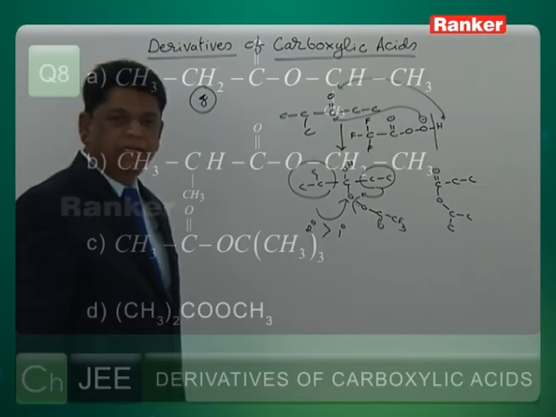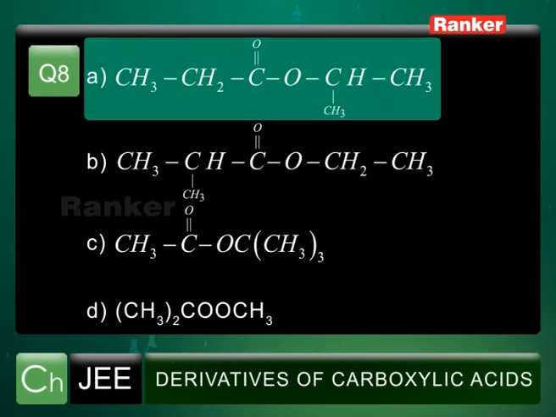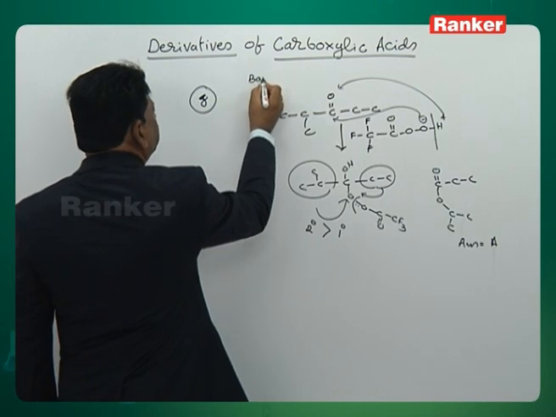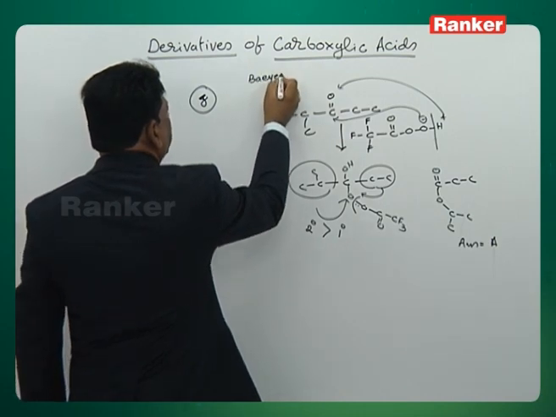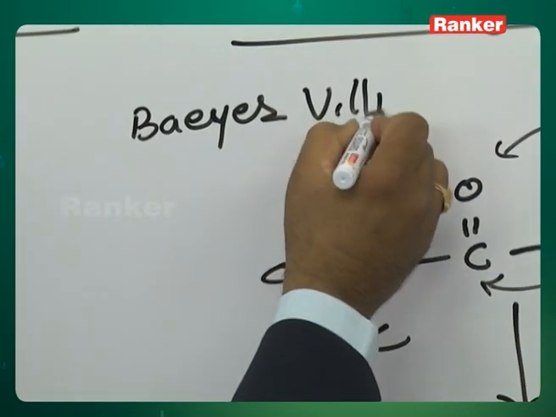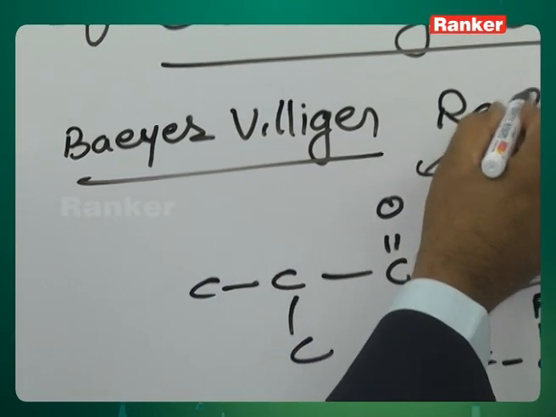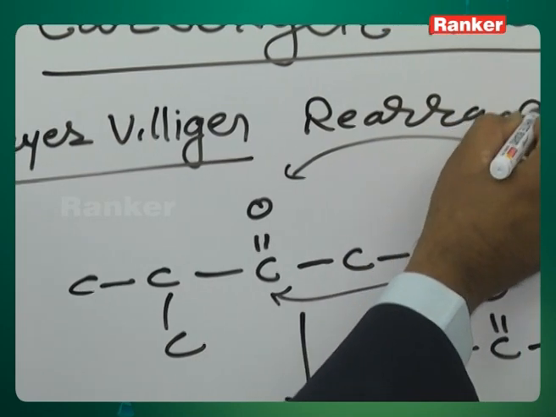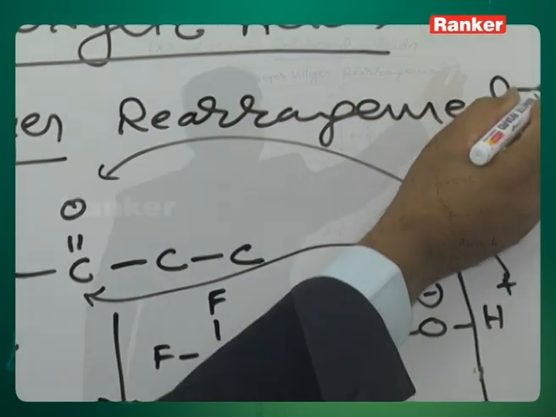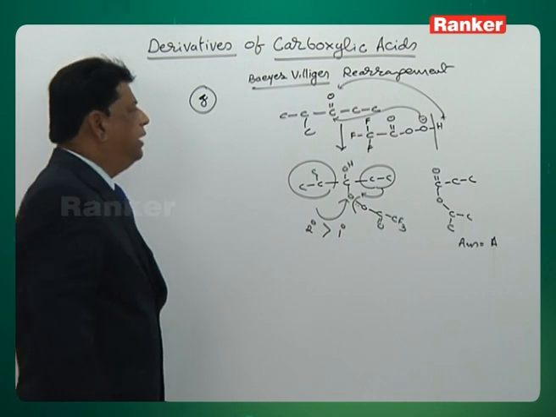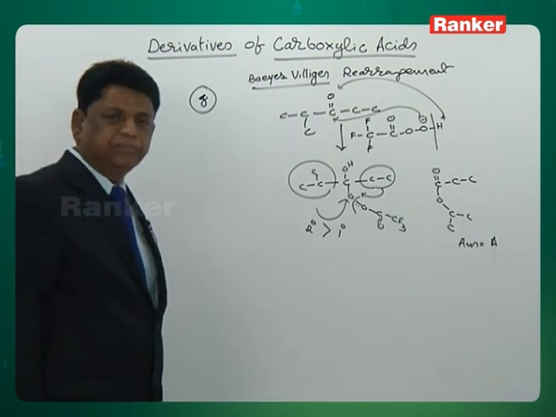So option A is the right answer. The reaction is a very famous reaction known as the Baeyer-Villiger reaction. It is a rearrangement, in fact: Baeyer-Villiger rearrangement or Baeyer-Villiger oxidation.